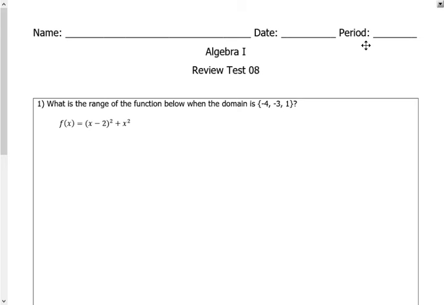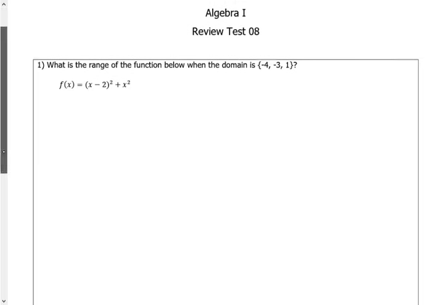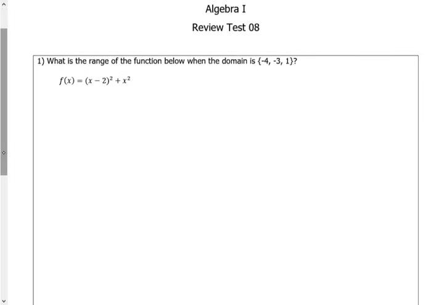Going through this, we're going to go back and touch on a little bit of everything here. Question 1, what is the range of the function when the domain is -4, -3, 1? Well, we're going to remember that domain means x values, and we can write that down here.